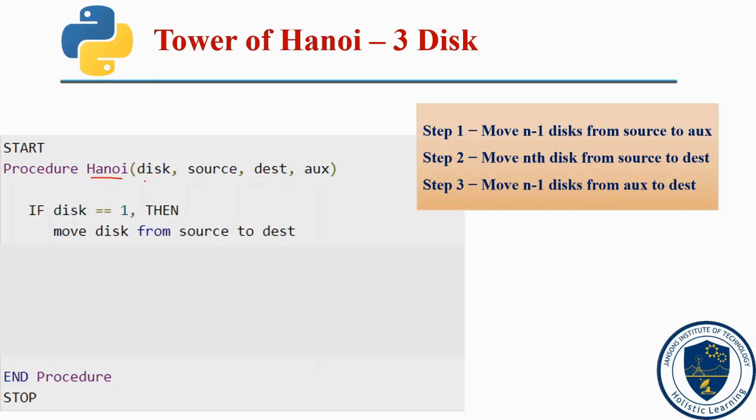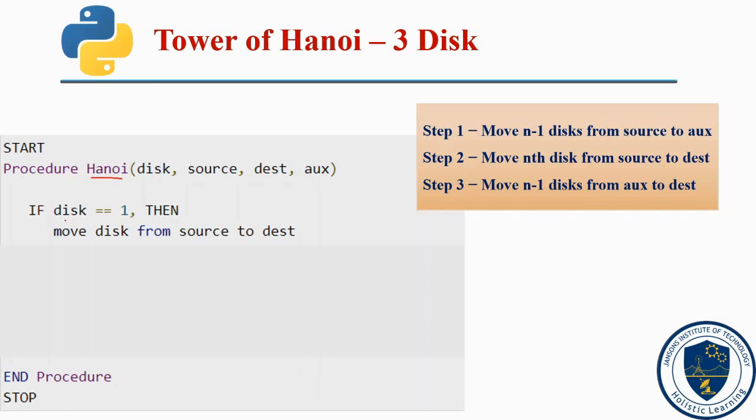You can see I have received input into the function. The first parameter, that is the first input, is disk, second is source, that is the source tower, then destination as the third parameter or the third input value, and finally the aux tower, which I am going to use temporarily to perform the moves.